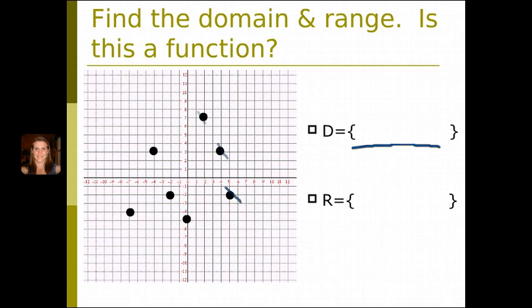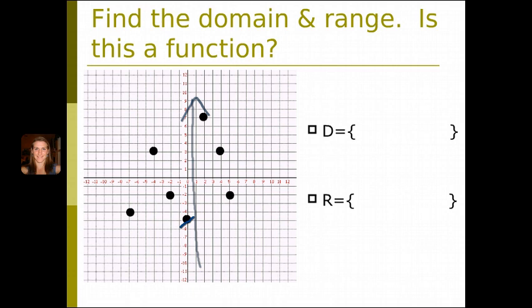With that in mind, looking at the range, if we're going to arrange it from least to greatest, our least range values are going to be towards the bottom of the coordinate plane. So you're going to look from the bottom to the top. Our lowest value is going to be -5.